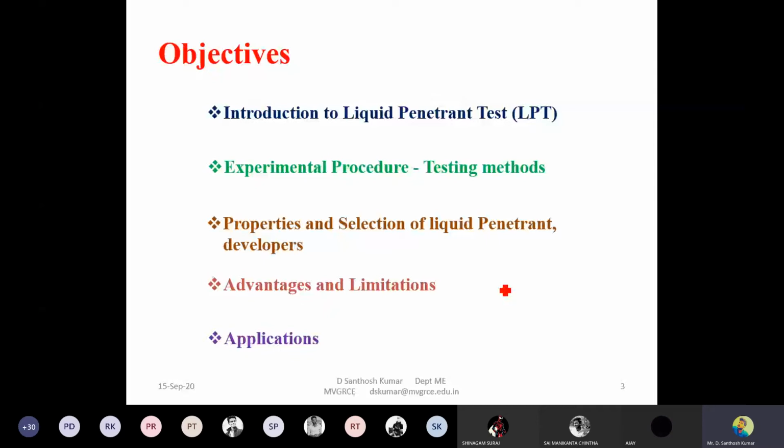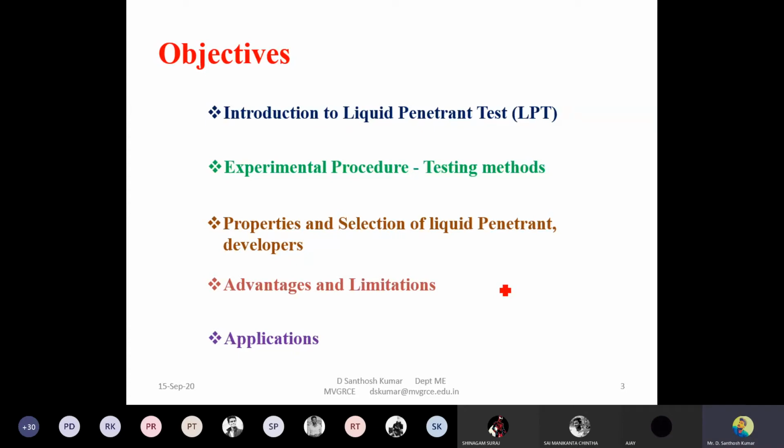In further classes, we will talk about experimental procedures, how you conduct the entire liquid penetration test method, and also the properties of the penetrant as well as the developer.